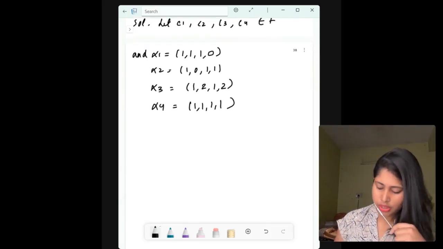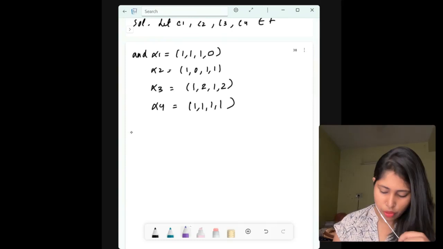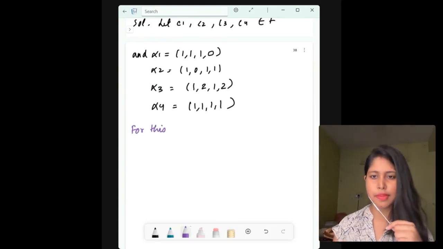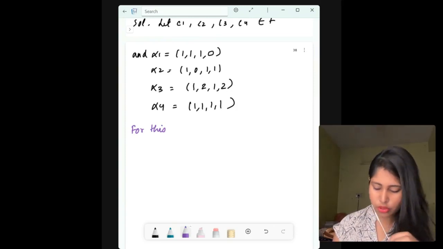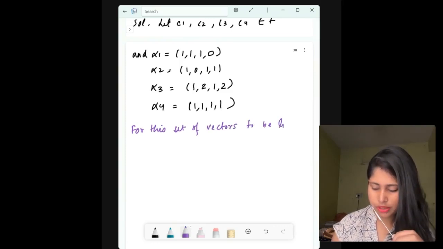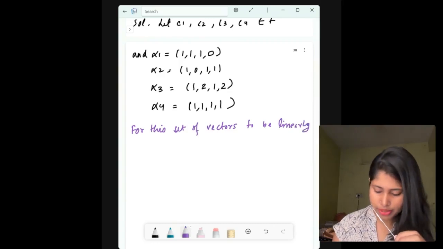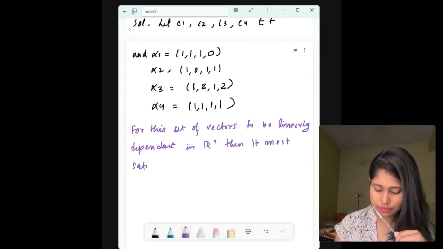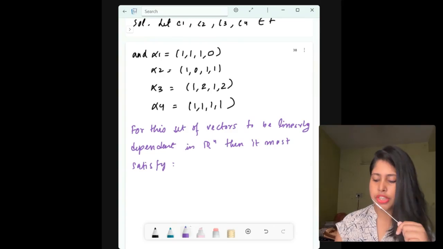See, now the next line you need to write is the definition of linear dependence. Okay, for this set of vectors to be linearly dependent in R4, it must satisfy the condition that I told you.